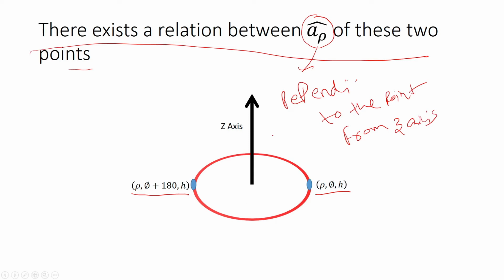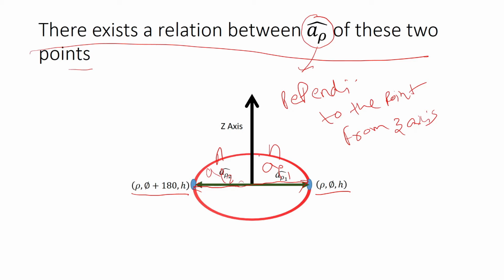So if this is the z axis, I draw a perpendicular from the z axis, I will be reaching here. Similarly, if I draw a perpendicular, I will be reaching here. So this is a rho 1 cap and this is a rho 2 cap for point 1 and point 2.